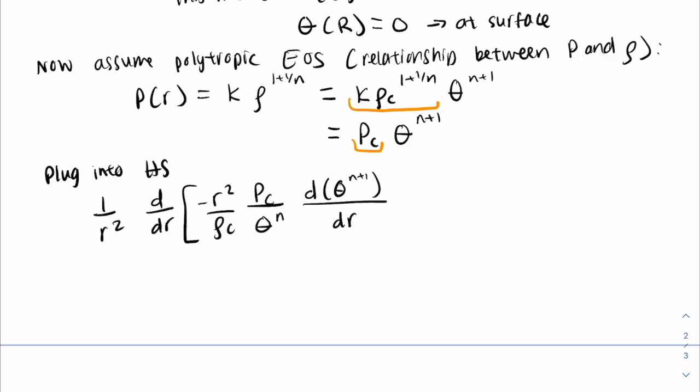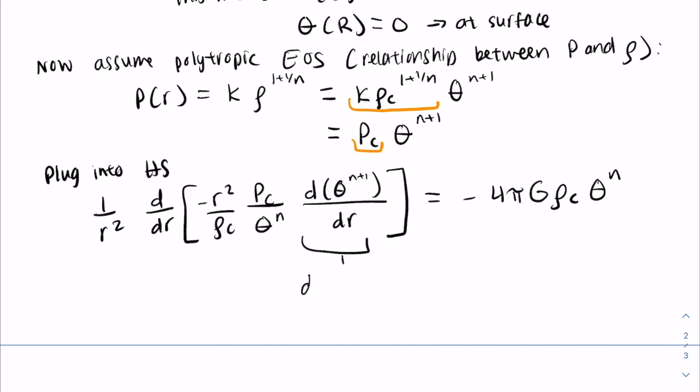For dP/dr, and that is going to equal our negative 4 pi G, gravitational constant, times our central density, rho c, times our dimensionless density, theta to the n.